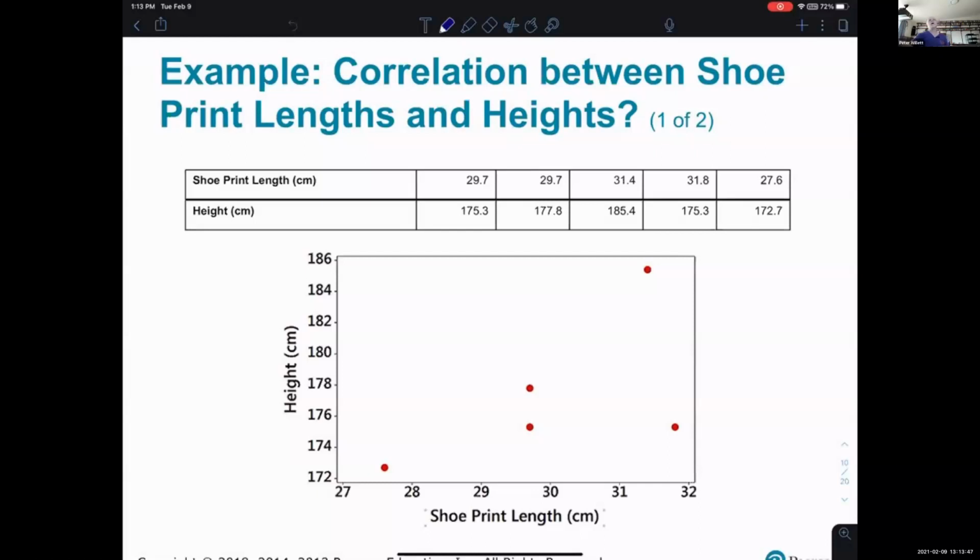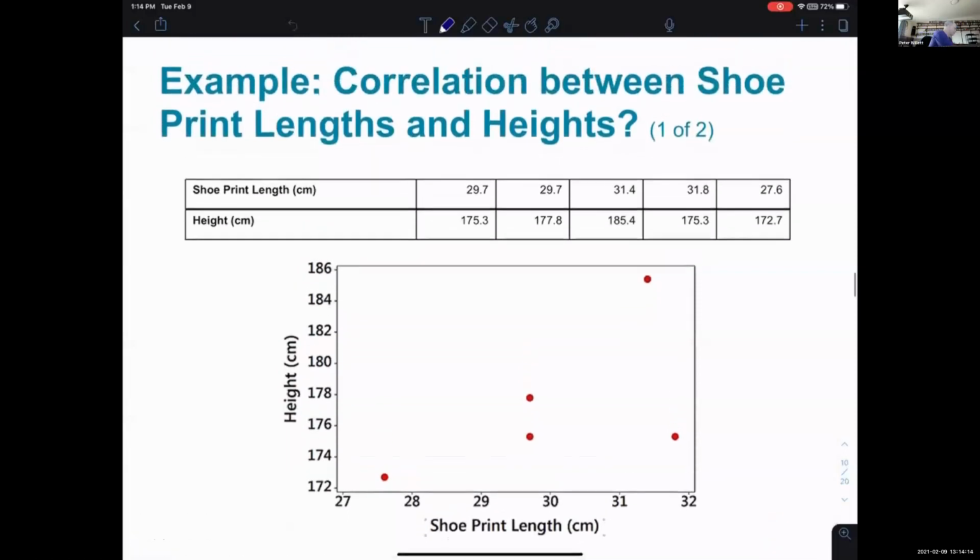So I think these are paired by a person: how big their shoe print length is and how big their height is. They've measured the shoe print as the first variable along the horizontal axis, the x-axis. And then they've measured the second variable, height, along the vertical axis. And they got this little scatter plot pattern in the graph.